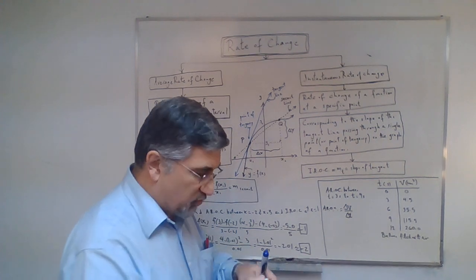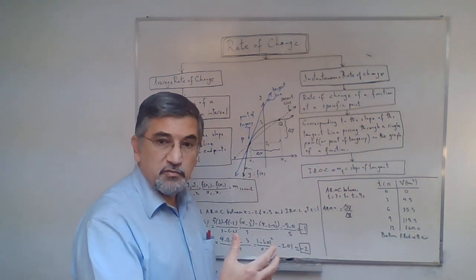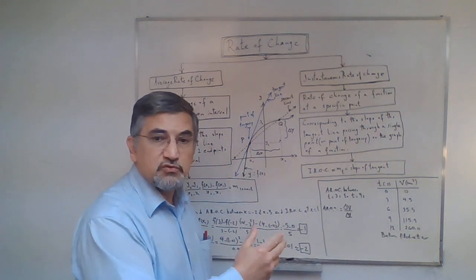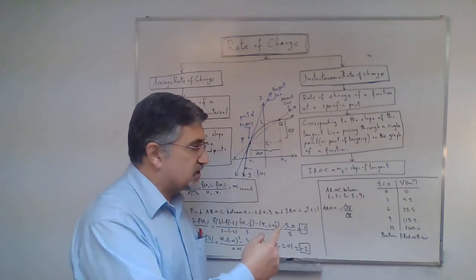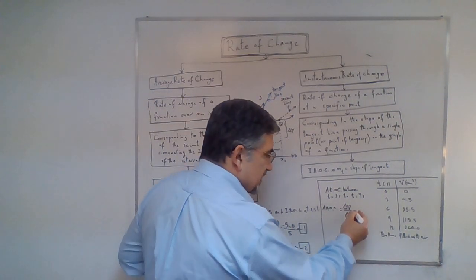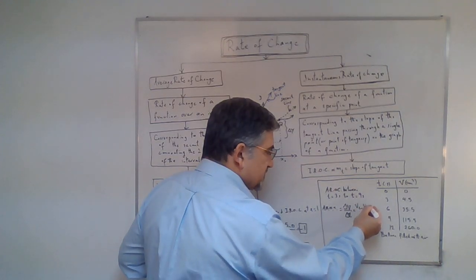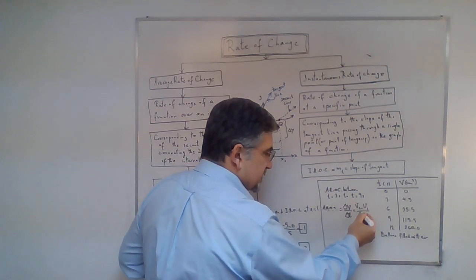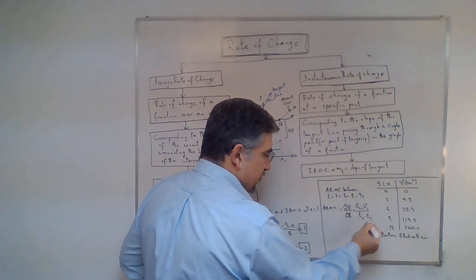What plays the role of y, the dependent variable, is the volume of the air inside the balloon. And what plays the role of the independent variable x is time, which is measured in seconds. So delta V over delta T, or V sub 2 minus V sub 1 divided by T sub 2 minus T sub 1.